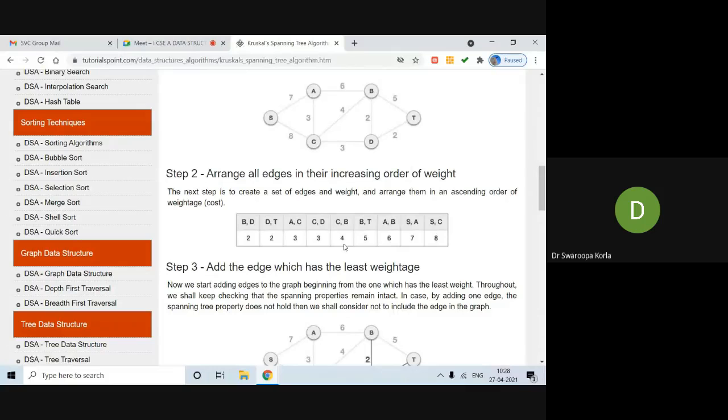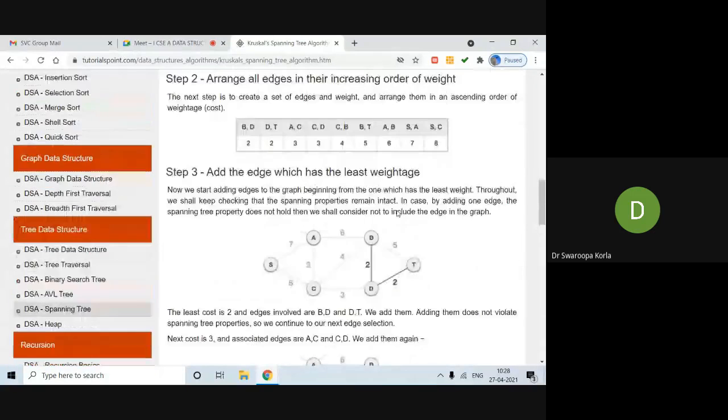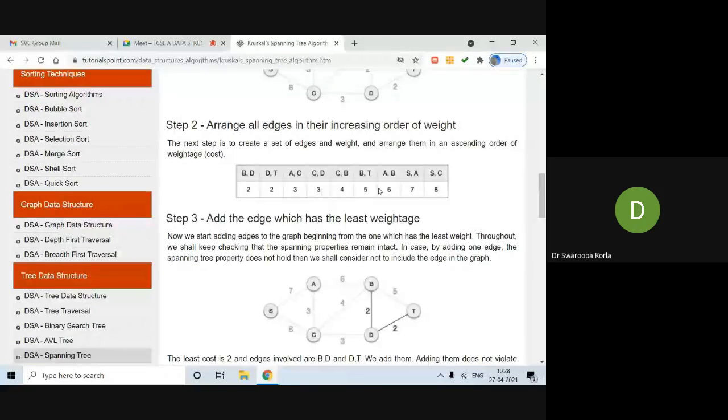We can have more than one minimum weight. You can even add duplicates here. Construct this table, follow this table throughout the remaining steps, and every edge you add should be minimum. It should not form a cycle. It should be minimum in the increasing order.